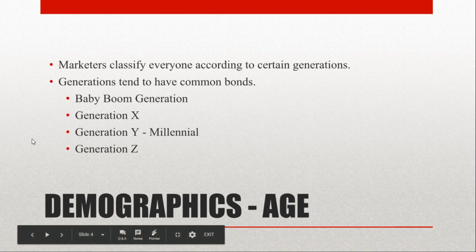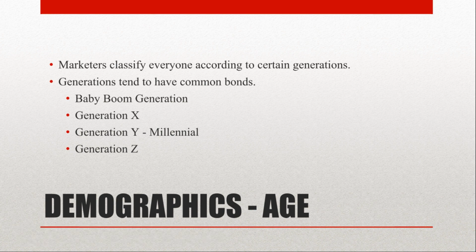Let's talk about age, because this is the most important demographic to pay attention to with marketing. Everyone falls into some of these groups. Obviously, some people are older than baby boomers, but we don't really tend to market to them very much. But these are the four main groups that we will target when we start marketing to specific groups.